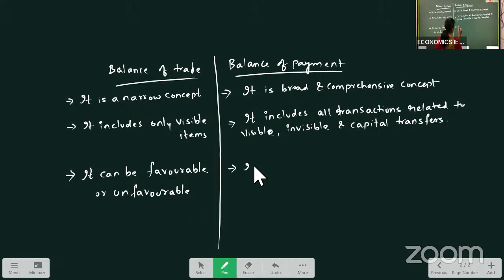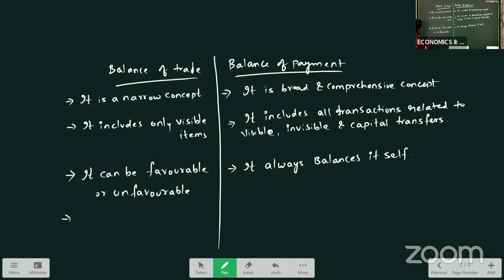Whereas balance of payment, it always balances itself. One more difference here. Our balance of trade can be either favorable or unfavorable. Whereas our balance of payment, it always balances itself.